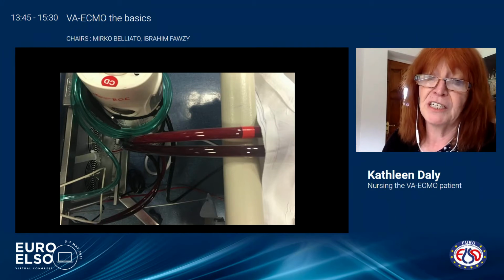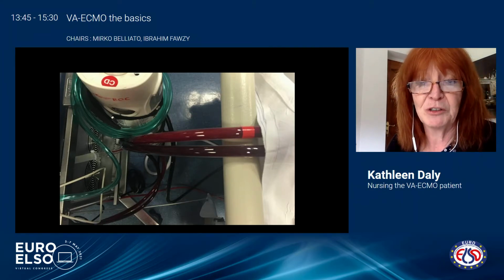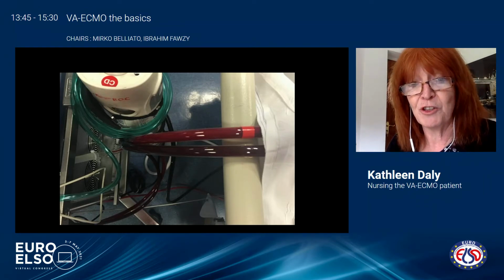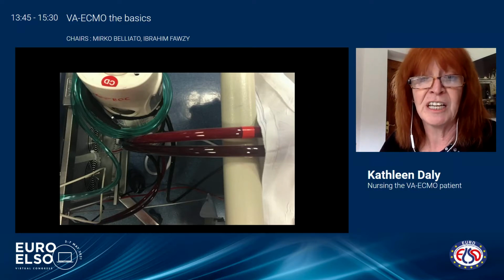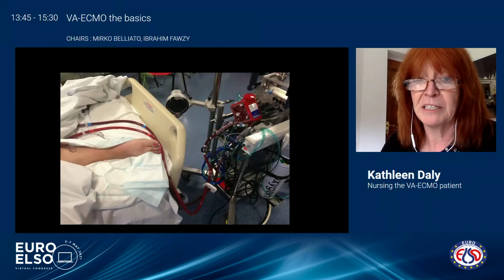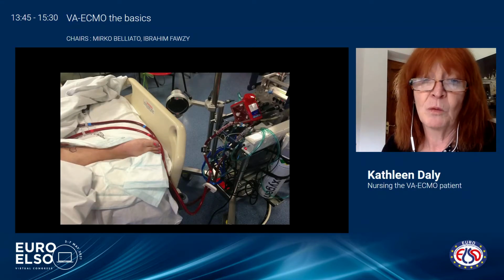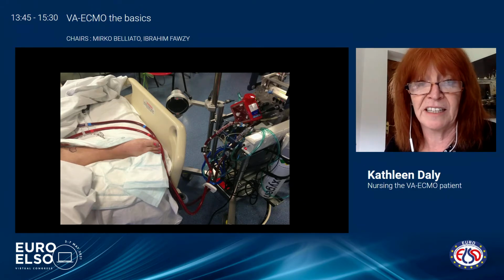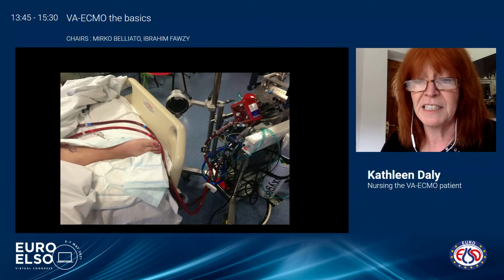As mentioned in earlier talks today, we're looking for a really good colour differentiation between our access and our return cannulas so that we can ensure adequate oxygenation and a good blood supply back to the patient. We want to secure our ECMO pipes so that we don't get accidental decannulation. So we want to secure the pipes to the bed, again, a safety measure.